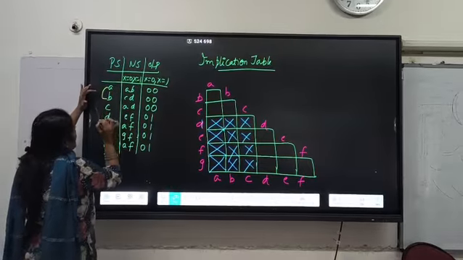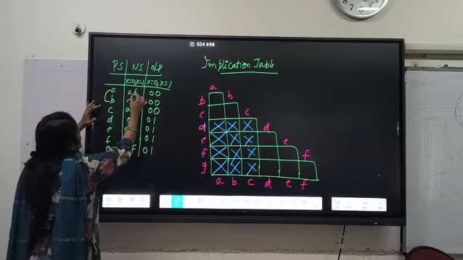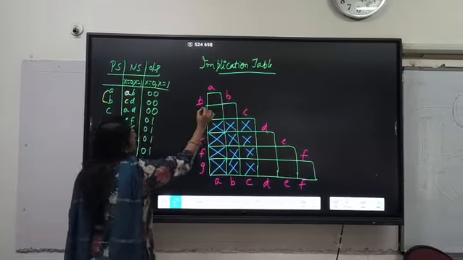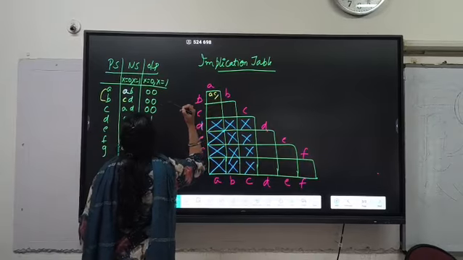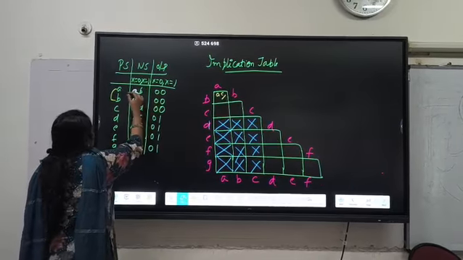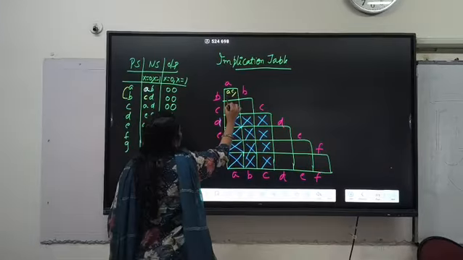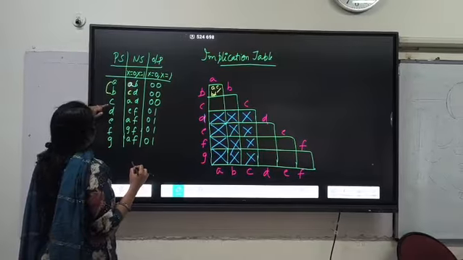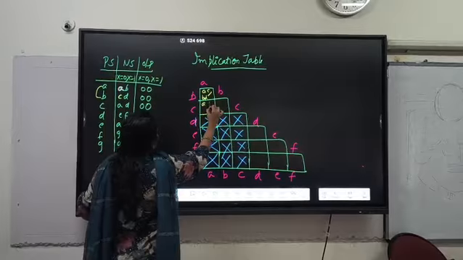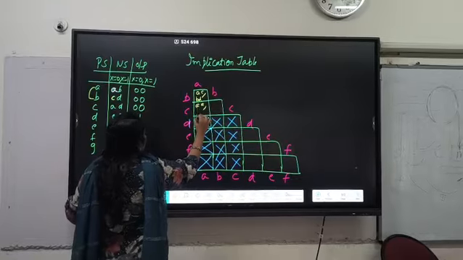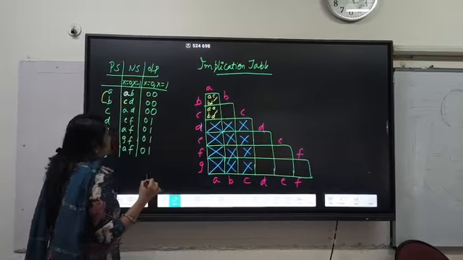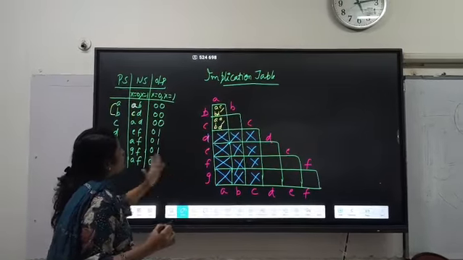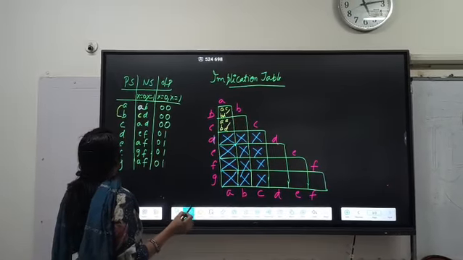Now if I check from A to B, A on 0 is going to A and C, so I will write AC, comma, on input 1 from A to B it is going to B and D. Similarly from A to C, it is going to AA, comma, BD. Next, I need not check for this. I need not write the transitions because the output does not match. That is the first criteria.